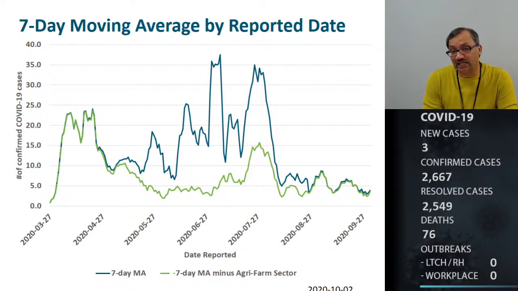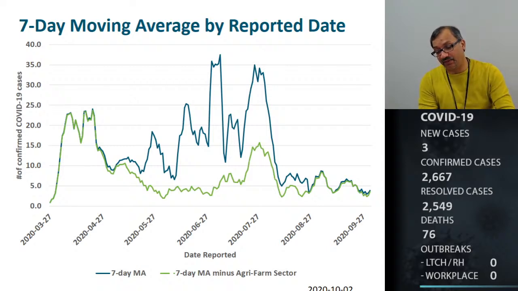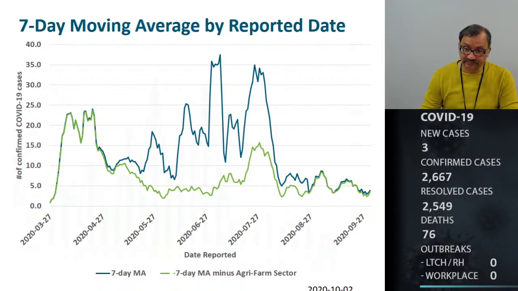You can see significant differences in those moving averages as we moved into the end of May and the month of June, and we've seen some spikes in late July and late August even in the community cases. The 2 lines are now merging together because those differences are pretty much non-existent right now.